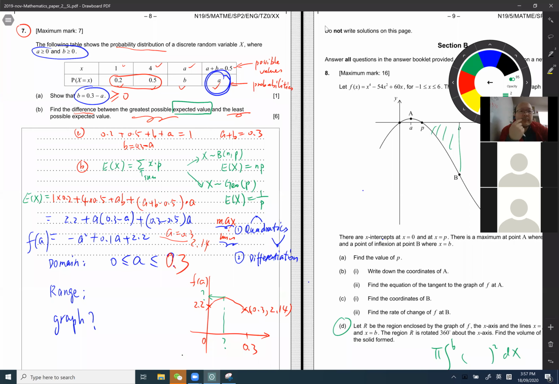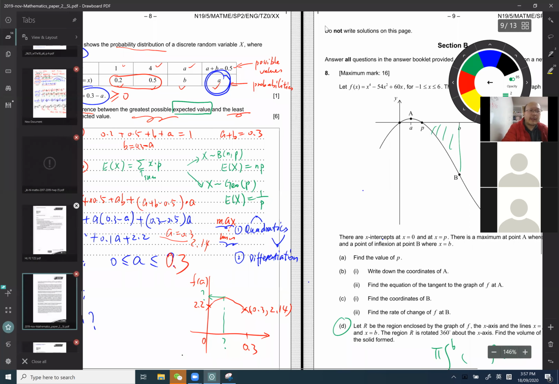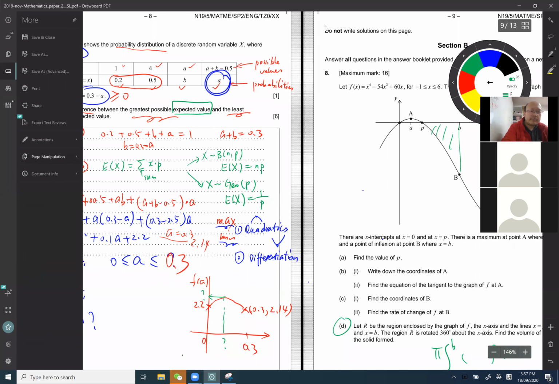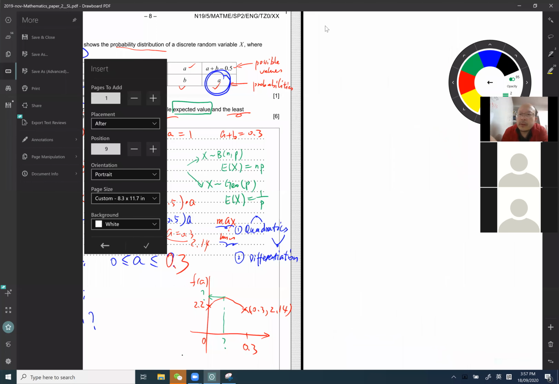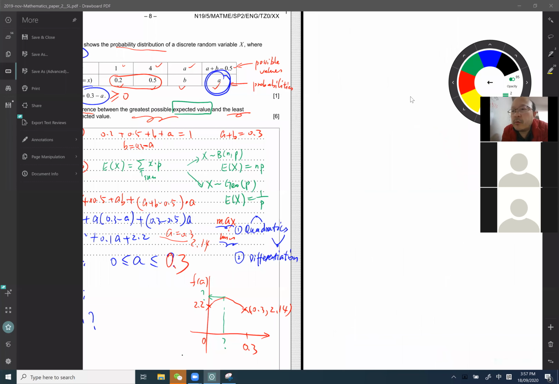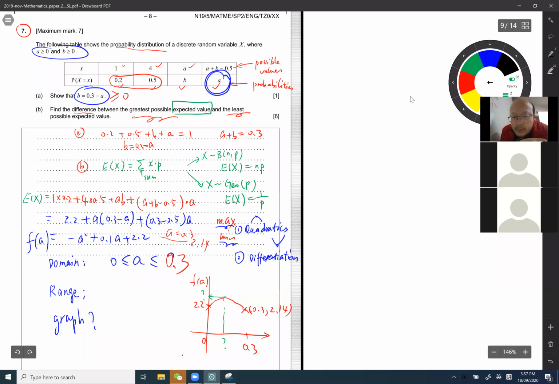How do we find the maximum of a parabola? We are trying to use a single question to revise some knowledge in the syllabus. How do you find the maximum?